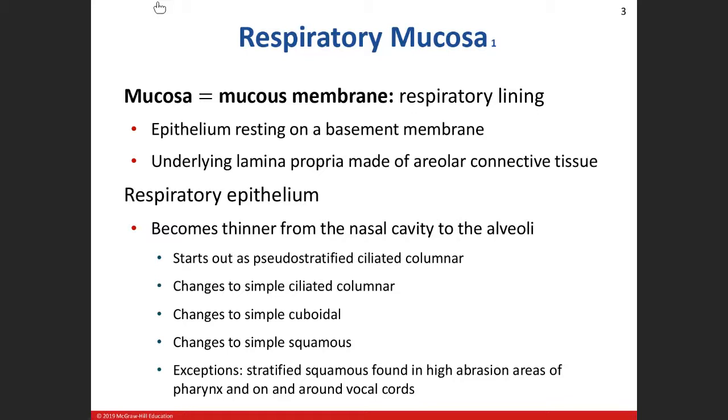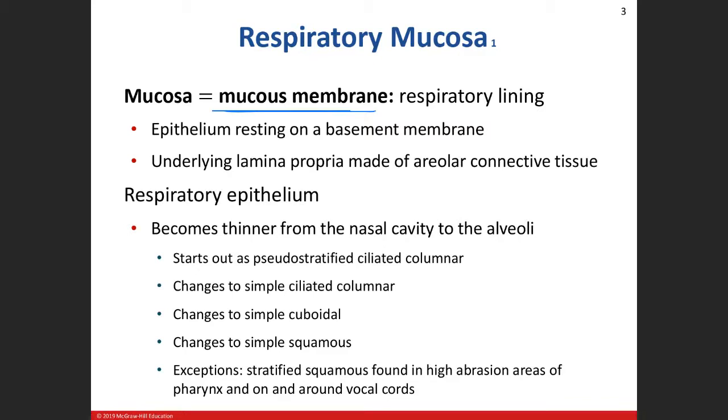So first of all, a majority of our respiratory tract is going to have a mucous membrane lining. That's important. It's going to trap foreign material. Especially if you live in the city, you're going to be exposed to that many more pollutants in the air. So it's important that we have mucous membrane there to trap it. And plus, if there's any infectious agents, we'll take care of it.